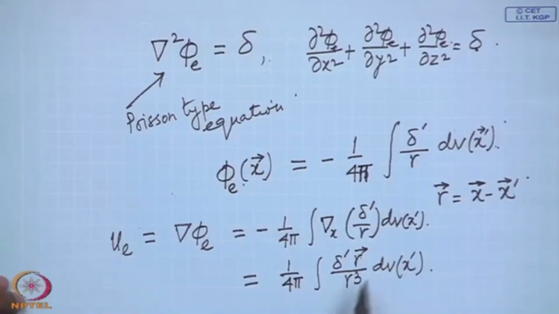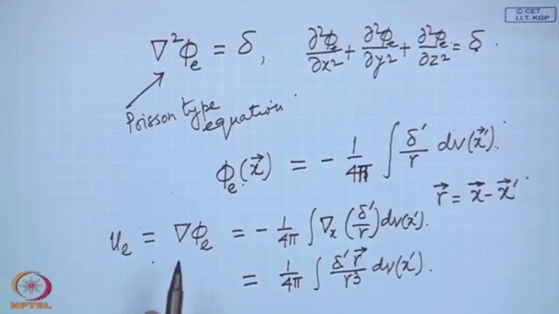Now, look at the integrand only, delta prime r by r cube dV x prime. What does it mean then? That this is the velocity distribution due to infinitesimal volume element dV located at x prime. The rate of expansion associated with point x prime is delta prime.